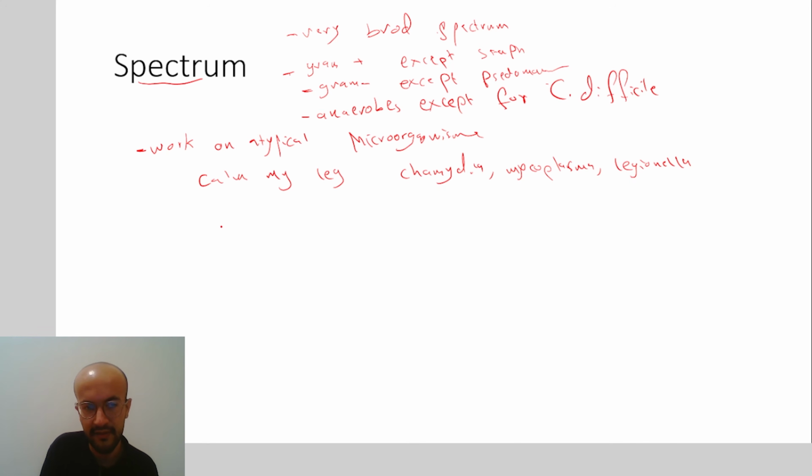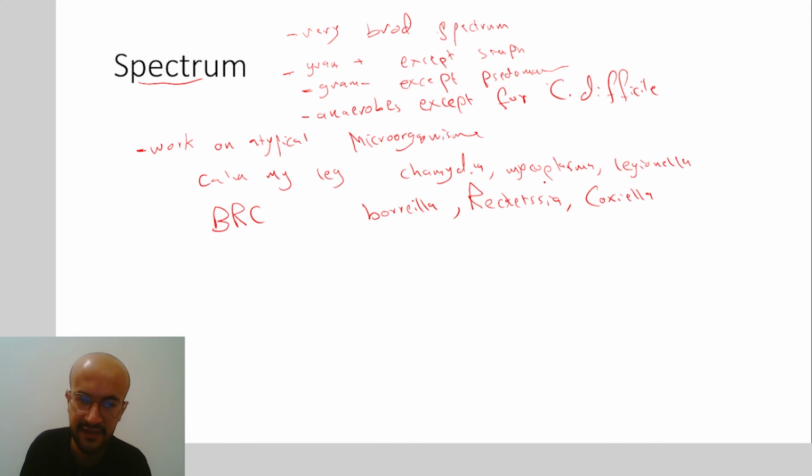And they also work on the atypical microorganisms collected in the mnemonic BRC. The B is for Borrelia, the R for Rickettsia, and C for Coxiella. We will discuss each of these organisms in the therapeutic uses, including what infection each of these organisms causes.